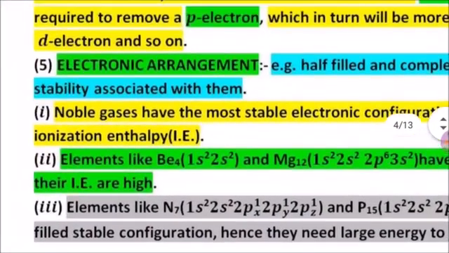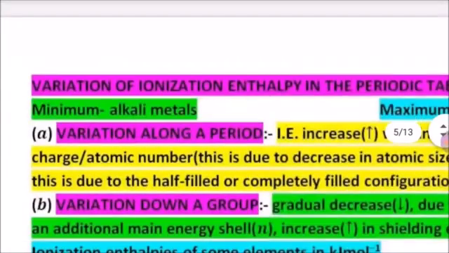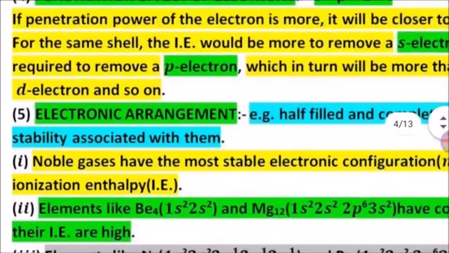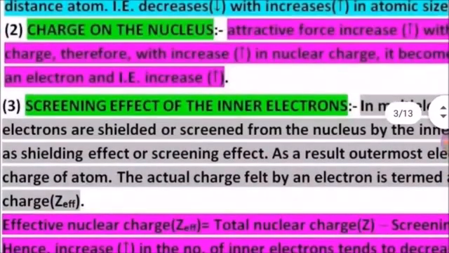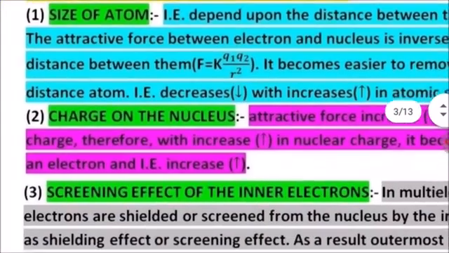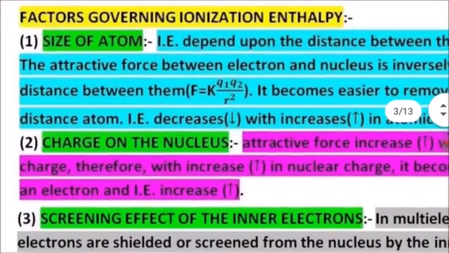So students, these are the factors: the electronic arrangement of electrons, the penetration effect of electrons, the screening effect, the charge on the nucleus, and the size of the atom. These are the 5 factors which affect the ionization enthalpy.